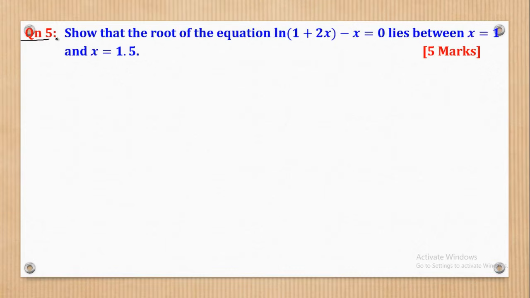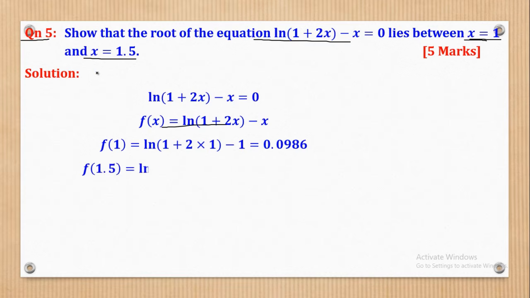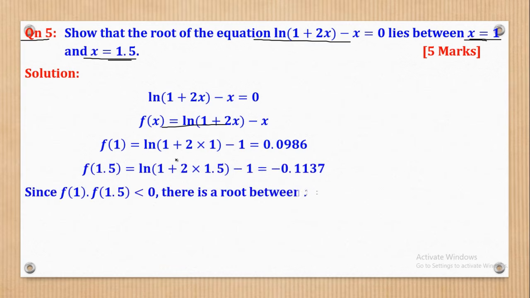Now we shall go to question 5, which says show that the root of the equation lies between x equal to 1 and x equal to 1.5. So still we shall have to do the same procedure: rearrange so that you can easily get your f(x), then do physical substitution for x equal to 1 and also for x equal to 1.5, then you conclude.